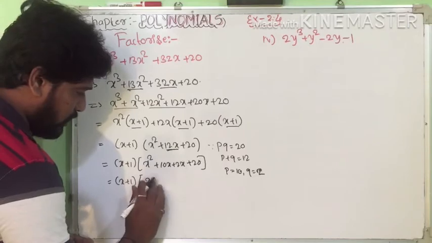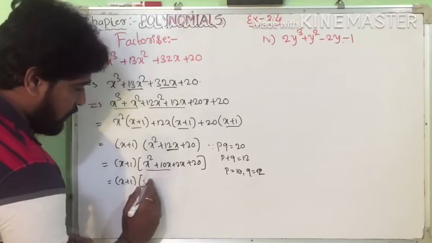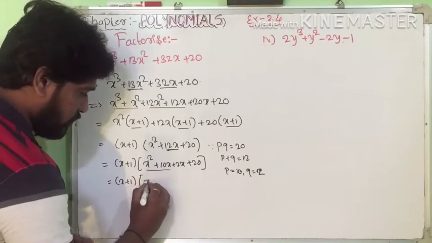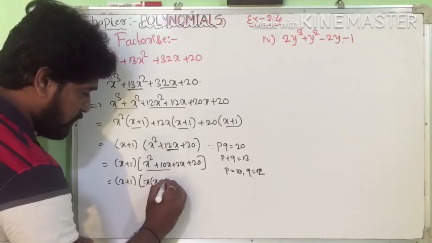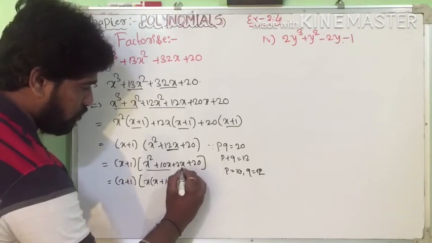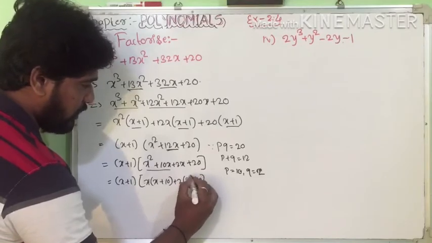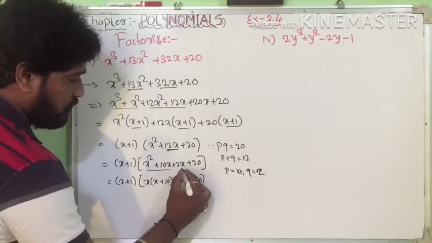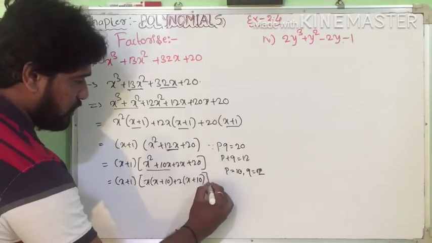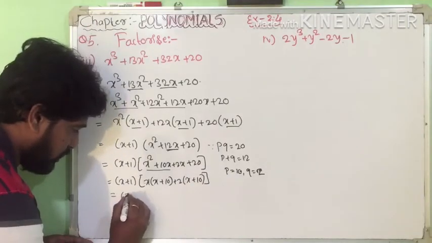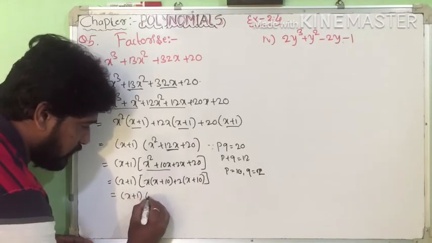So in these two terms I will take a common x. So x comes outside, means x plus 10. So in these two I will take common 2. So x plus 10. So 2 into x is 2x, 2 into 10 is 20. Is it clear? So we can write here x plus 1.